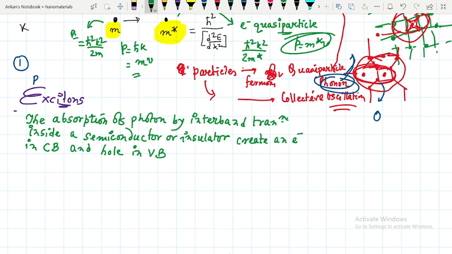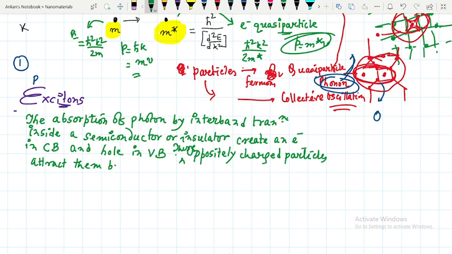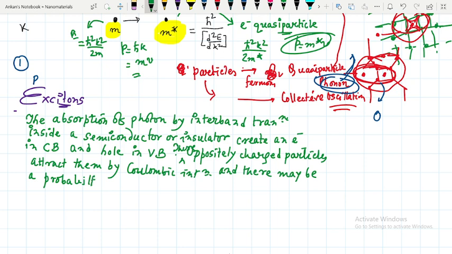Now these oppositely charged particles attract each other by Coulombic interaction, and there may be a probability of the formation of a neutral electron-hole pair. This is known as the exciton.